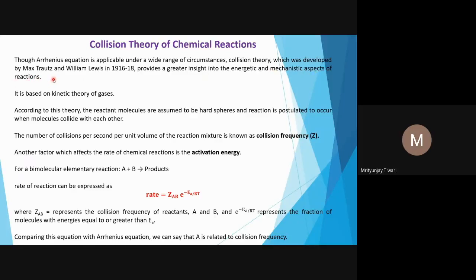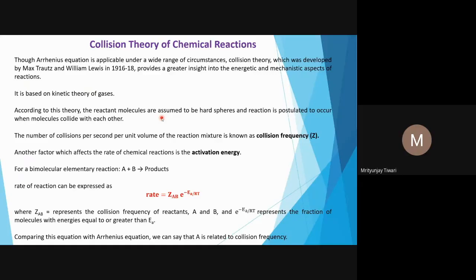Some larger aspects we obtain from this collision theory, and it is based on the kinetic theory of gases. According to this theory, the reactant molecules are assumed to be hard spheres.